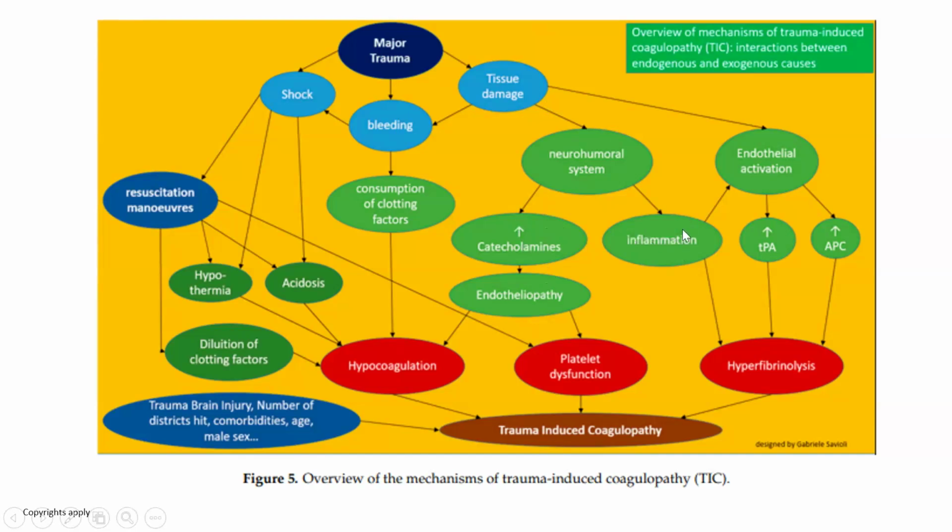Because of these issues, there will be platelet dysfunction that is due to endotheliopathy secondary to the activation of catecholamines, and because of inflammation, there will be hyperfibrinolysis. The best thing to understand hyperfibrinolysis is something like increased production of anti-clot forming agents like tissue plasminogen activator and activated protein C. Okay, so this in total worsens the coagulopathy, which is seen in trauma, and that is what is called as trauma-induced coagulopathy.